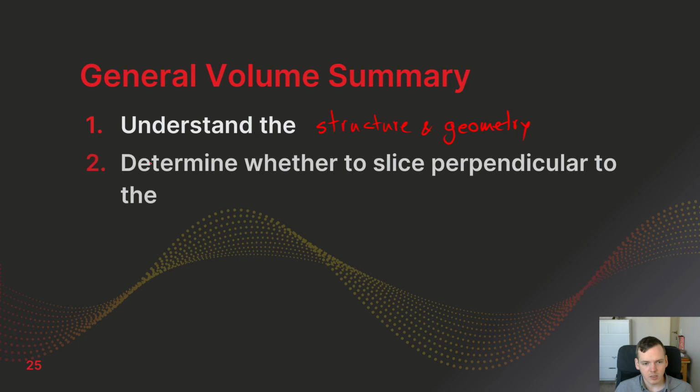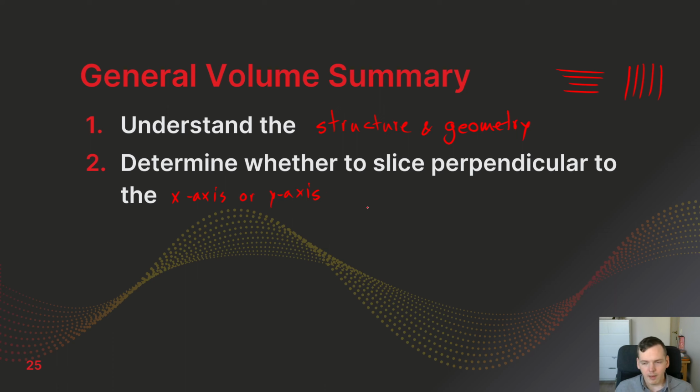Next, determine whether to slice perpendicular to the x-axis or y-axis. I believe in all the examples I gave you, we had a mix where some were sliced perpendicular to the y-axis and some were sliced perpendicular to the x-axis.